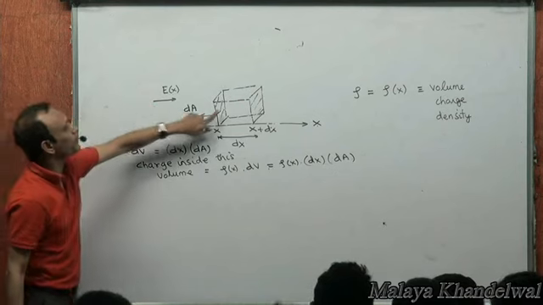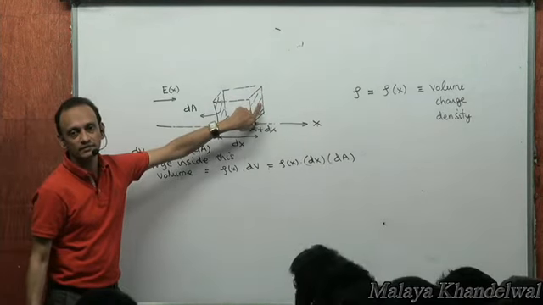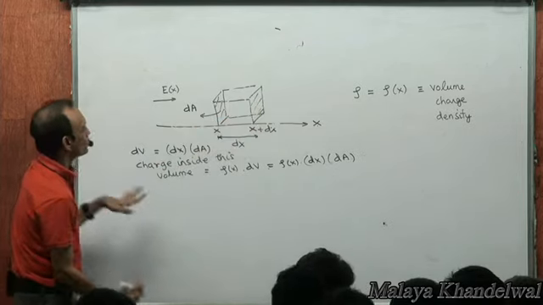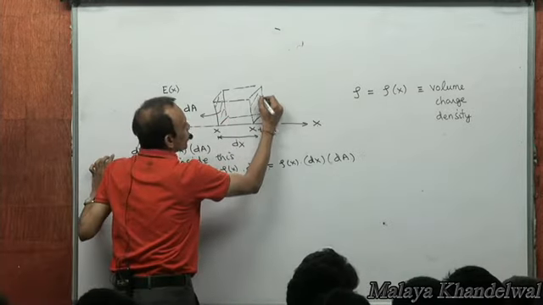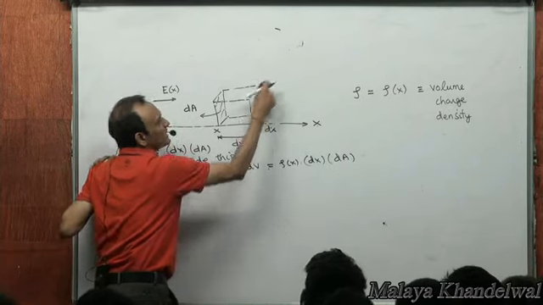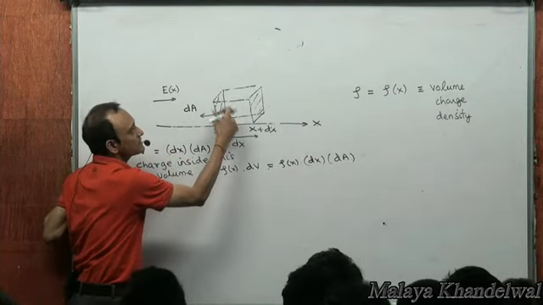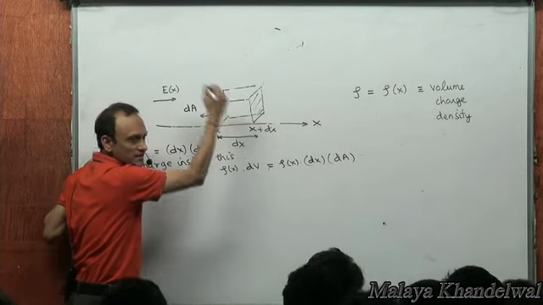Electric field is perpendicular to these two areas, right? Now, this area is at x and this area is at x plus dx.